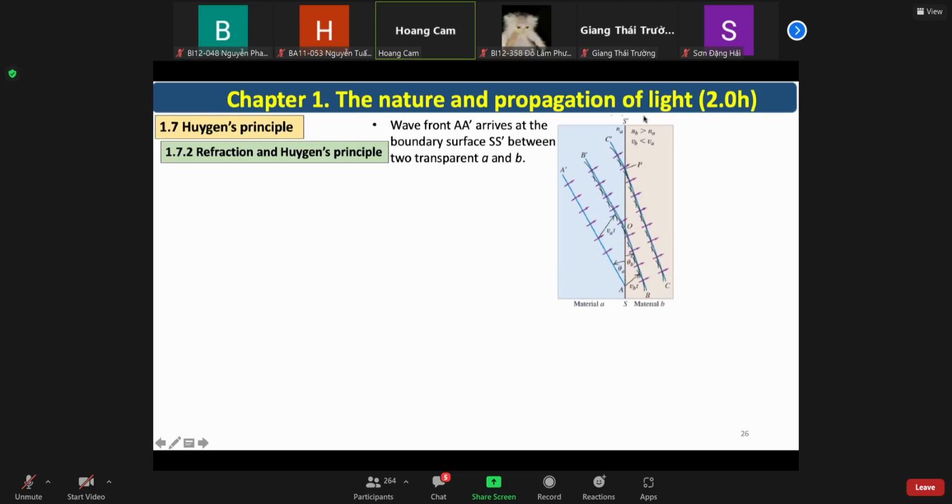Now we consider the case in which the light travels in two materials, material A and material B, with refractive indices, and for those who may forget, I would like to note, we always say the index of refraction, nA and nB, for two different materials, and nB is larger than nA here.